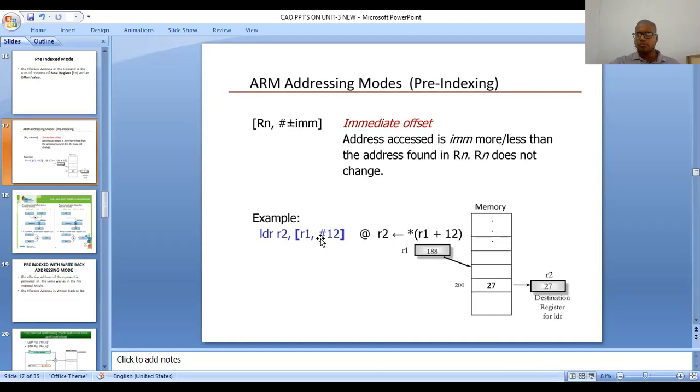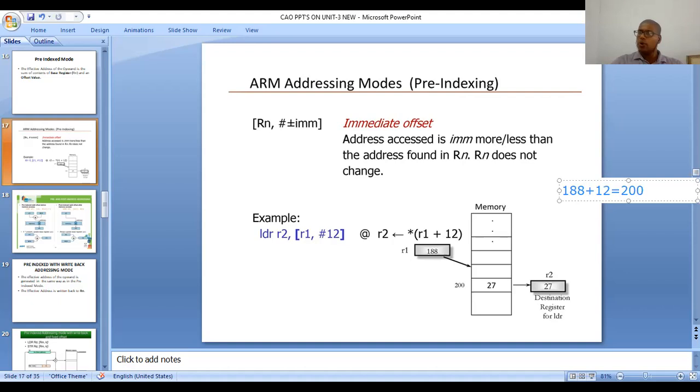Whatever value we get will be considered as an address. For example, the value of R1 is 188 and the offset is 12. When I add 188 plus 12, I get 200.